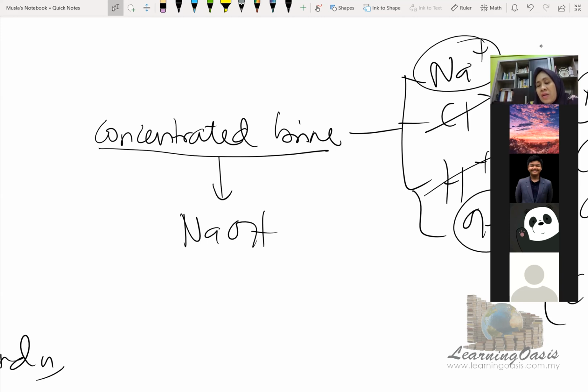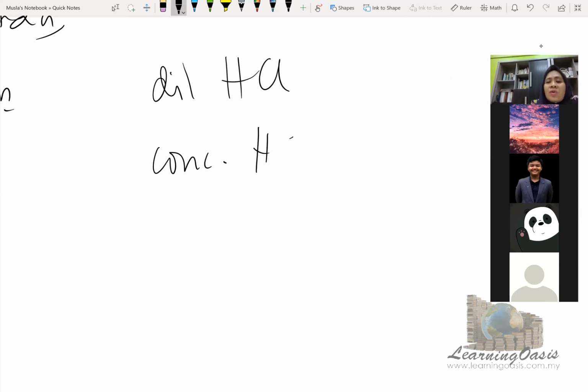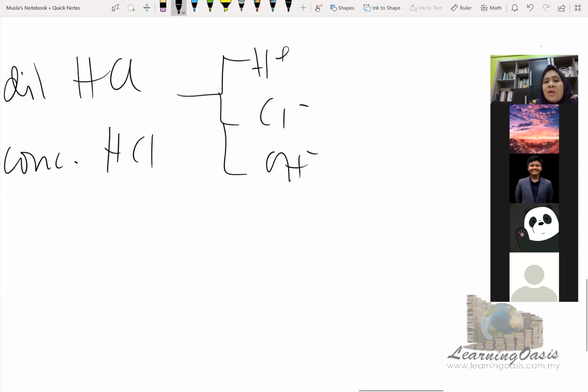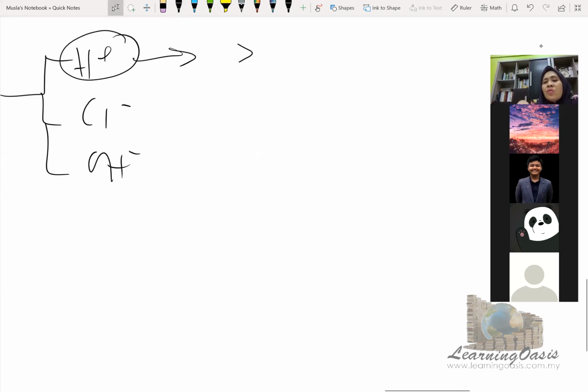Get that? Same case as if you do dilute hydrochloric acid and concentrated hydrochloric acid. Okay, dilute HCl. Dilute, concentrated, both will have H plus, Cl minus, OH minus, right? But which one will be discharged at the cathode? 2H plus 2 electrons give you H2.